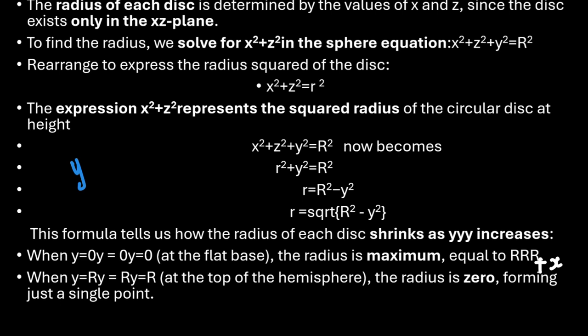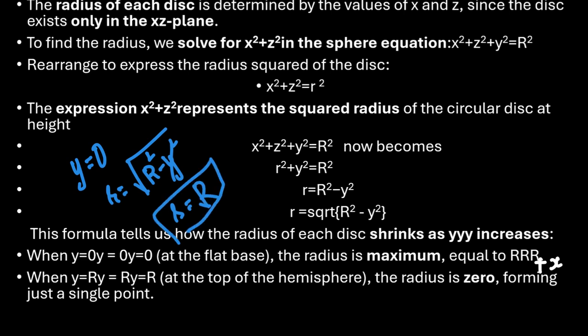So when y is equal to 0, what is the value of r? It is equal to root of R square minus y square, and with y square as 0, it is root of R square, and therefore r is equal to R, right? And this is the maximum value. So this represents the largest disk here. My bad, this should be the largest point here, not the smallest one. But when y is equal to R, what is small r, the radius of the disk?